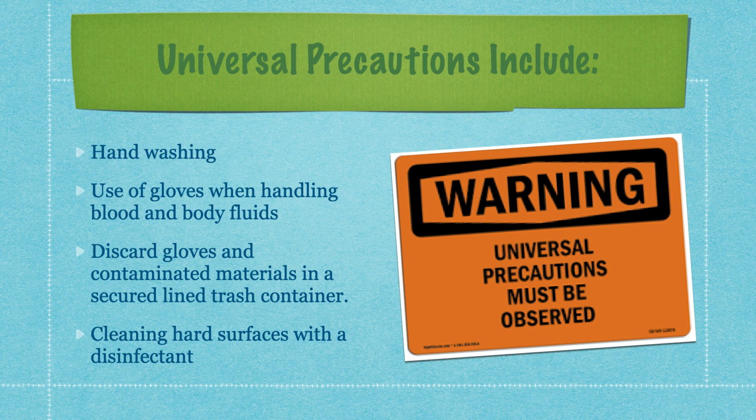Universal precautions include hand washing, use of gloves when handling blood and body fluids, discarding gloves and contaminated materials in a secured lined trash container, and cleaning hard surfaces with a disinfectant.